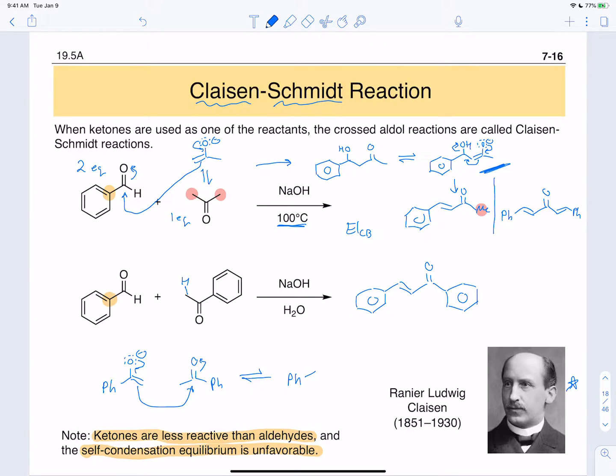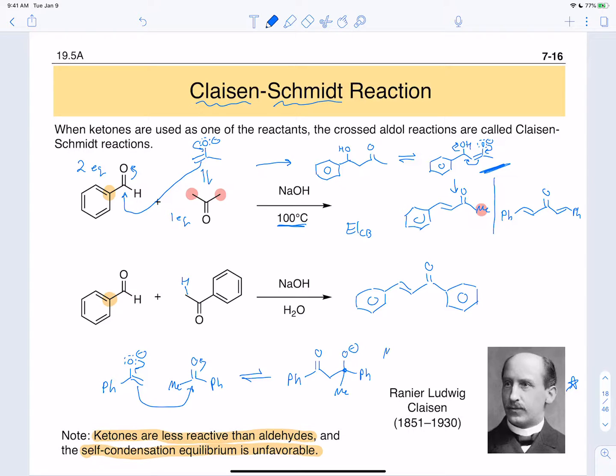So when you have a ketone enolate and an aldehyde, the ketone enolate will form quickly in equilibrium, and the aldol process will be quite a bit slower. And we can see a little bit of the reason why. That's because we're making now a fully substituted carbon here.